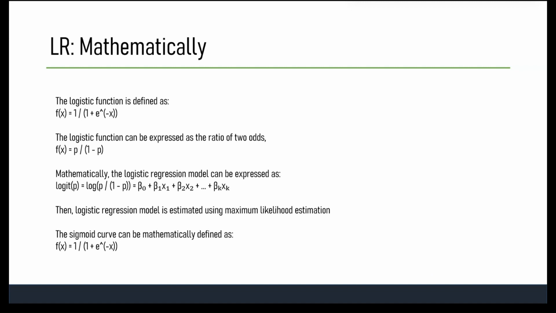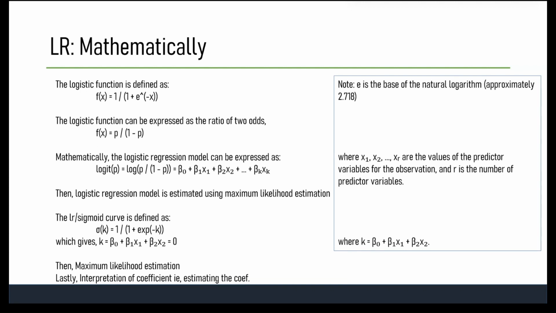The logistic function is then applied to the log odds to convert them into probability, which is 1 by 1 plus e to the power minus x, or you can say logit of p. So that is what it basically tells.